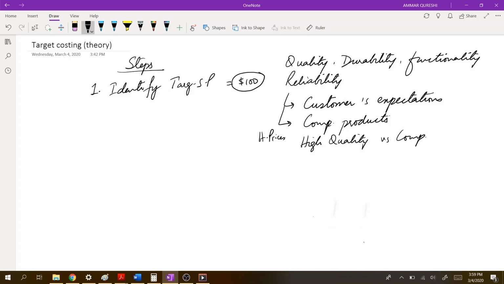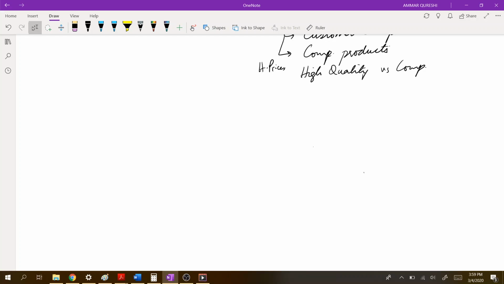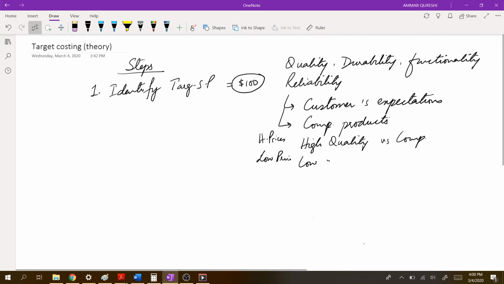Or if our product is of low quality, if we are providing some essential features but not as much as the competitor is offering, then we have to keep in mind that we have to launch this product at a low price, because no one will be willing to pay us the same amount as our competitor, because we have a lower product. So this is a very common sense thing, right?